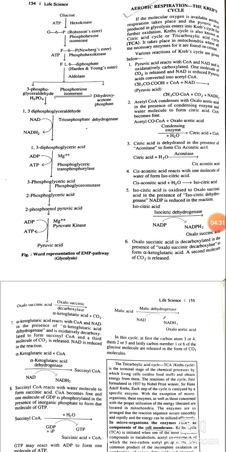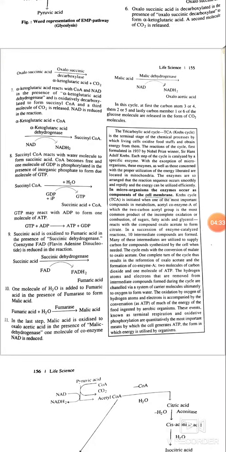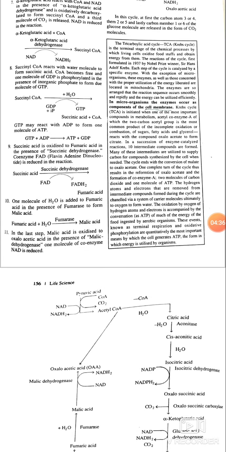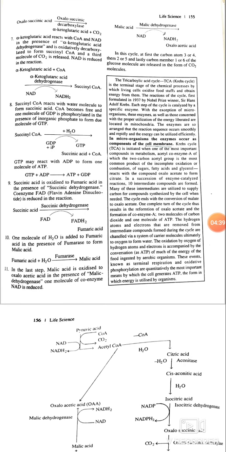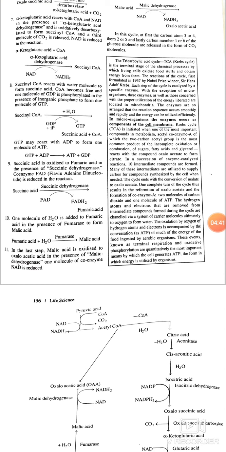Next, succinyl coenzyme A reacts with a water molecule to form succinic acid. Coenzyme A becomes free and one molecule of GDP is phosphorylated in the presence of inorganic phosphate to form one molecule of GTP. GTP may react with ADP to form one molecule of ATP.